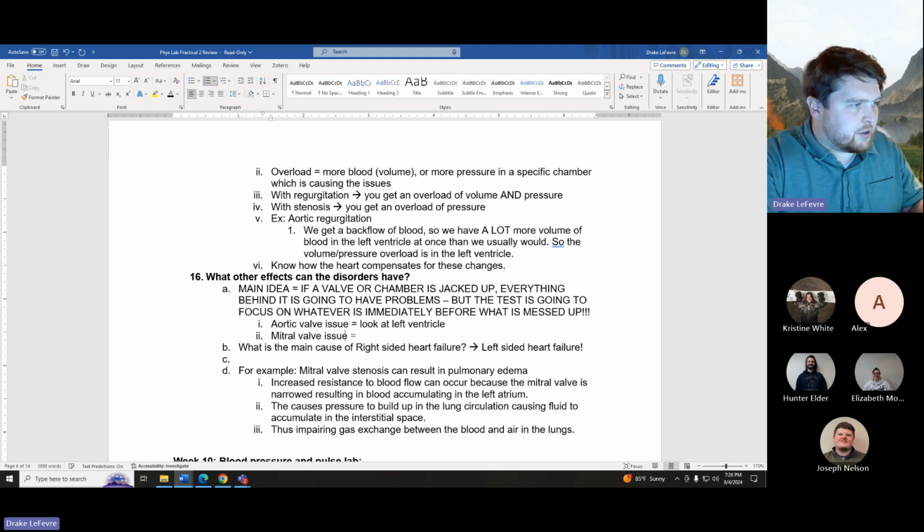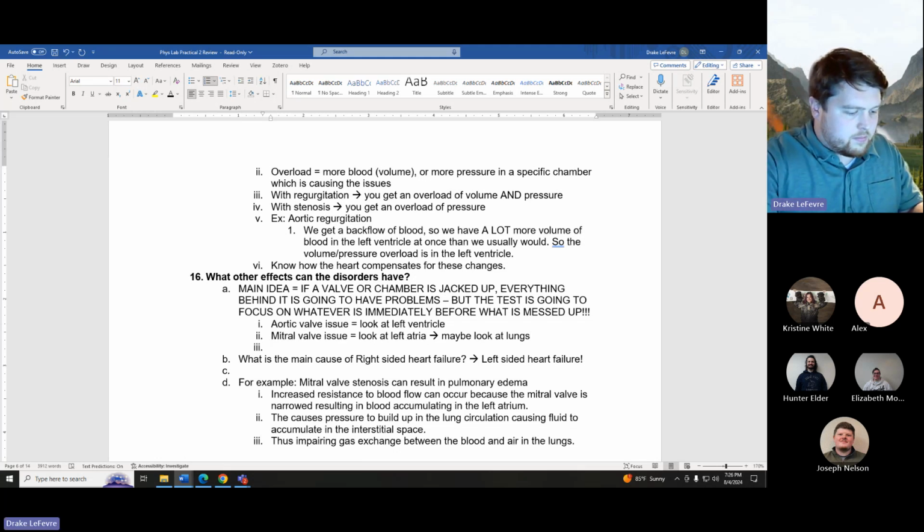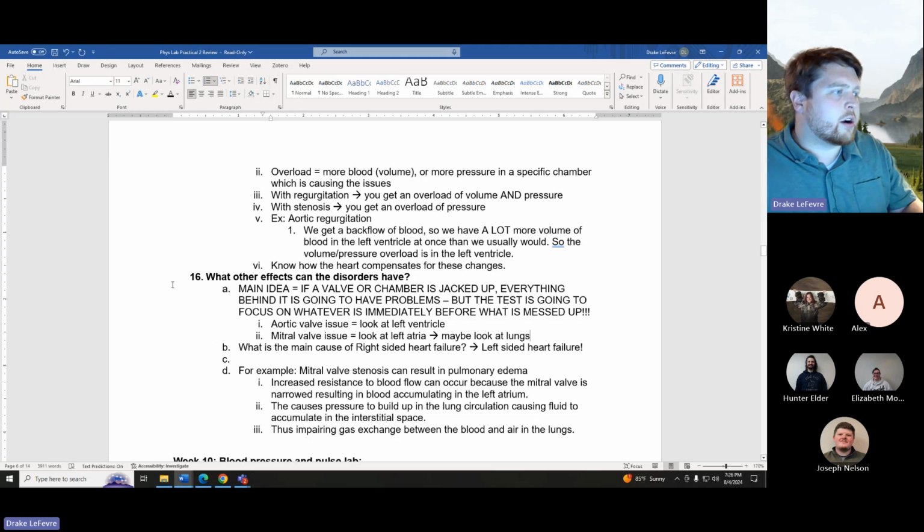Mitral valve issue equals look at left atria, maybe look at lungs, because the lungs are dumping into that atria. And that's as far as I'll go, because again, they don't really look at the right side of the heart.